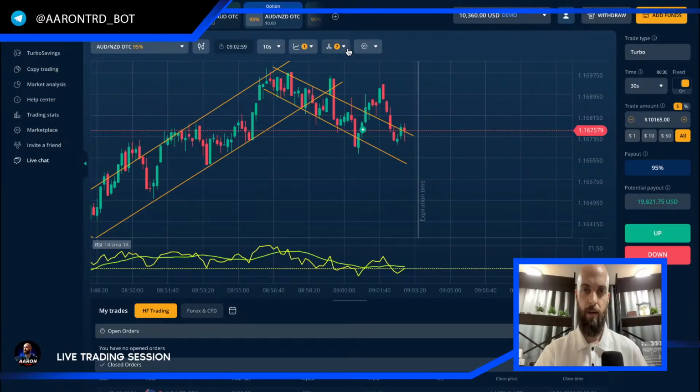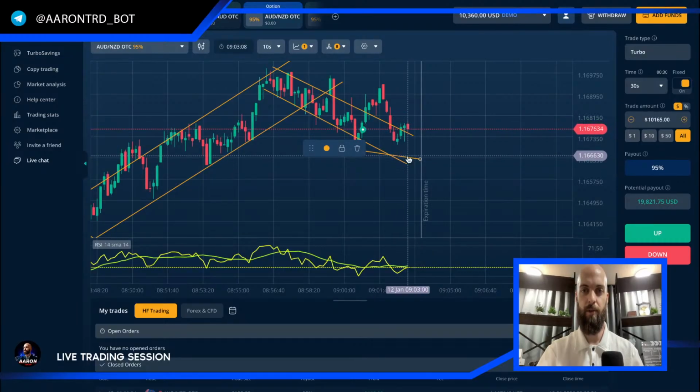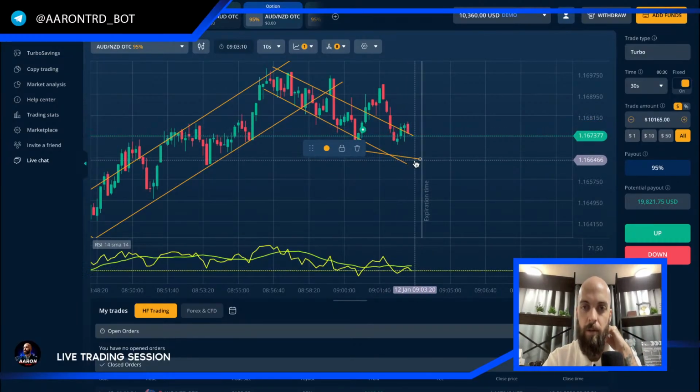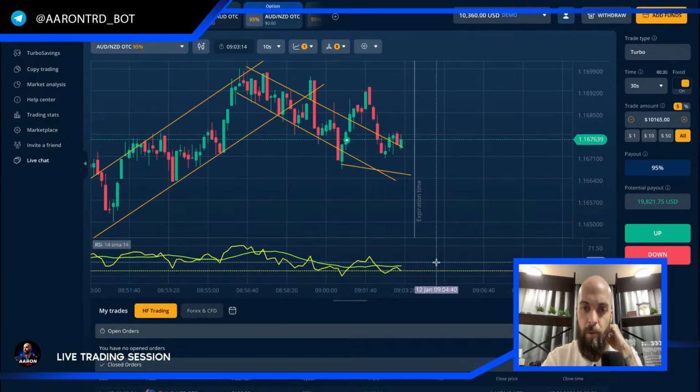I can draw you what I want to see. I want to see something like this. And as soon as we hit the bottom, somewhere near this zone, in here I guess, with momentum going up on our RSI, that's what we want to see.